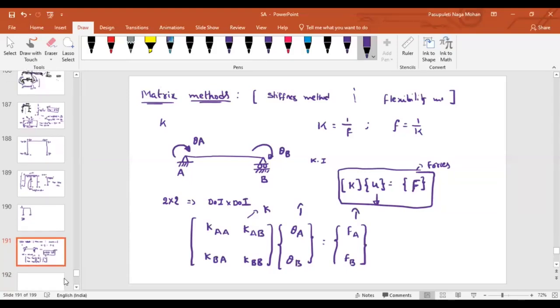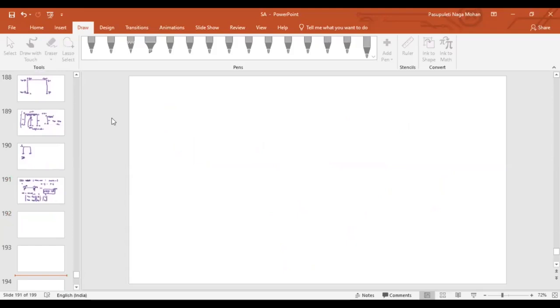Now, whenever you are representing Kij, always remember that the first index represents the force, and the second represents the displacement.